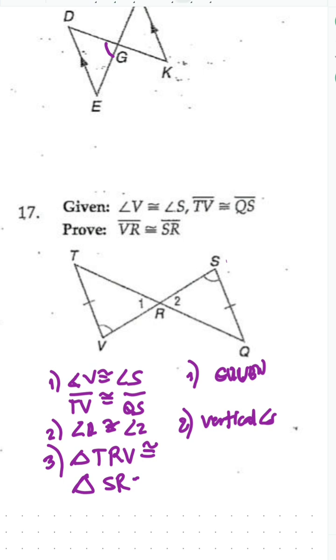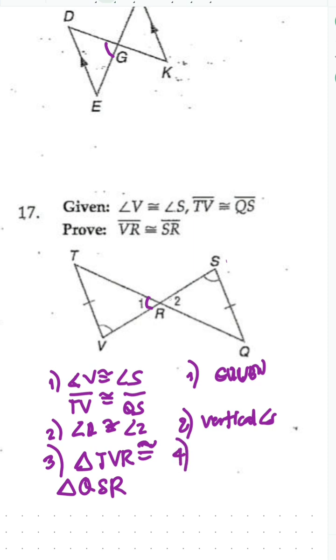Or maybe, okay, because we've already proven that they are vertical angles, triangle TVR, that is given, is congruent to triangle QSR, right? Because we're only given the angles. This one, angle V and angle S are congruent.